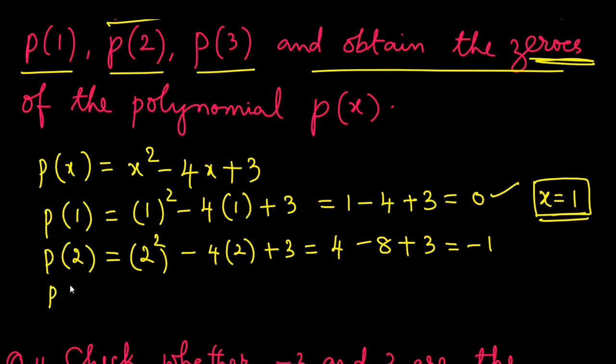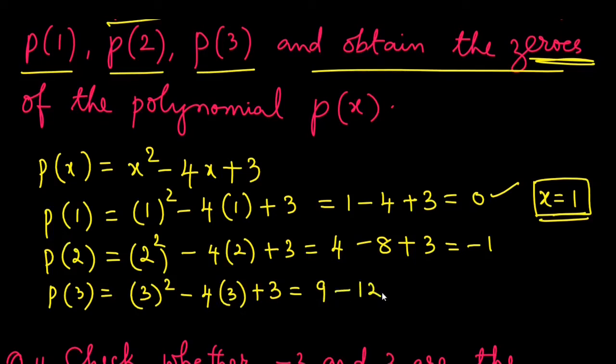Now p of 3. P of 3 is equal to 3 square minus 4 into 3 plus 3. 3 square is 9. Minus 4 into 3 is minus 12 plus 3. So here 9 plus 3 is 12. 12 minus 12 is 0.